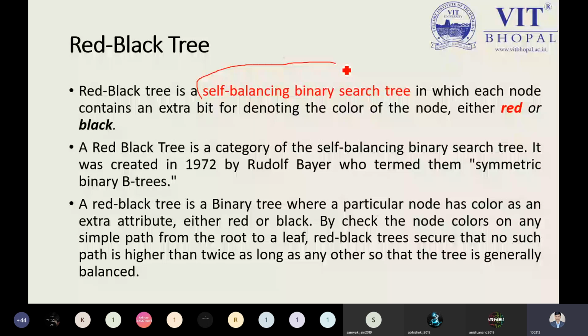In the AVL tree, we perform some rotations: the LL rotation, RR rotation, LR rotation, and RL rotation. So these are the four different rotations we have already discussed. But we are talking about this kind of tree, the self-balancing binary search tree.